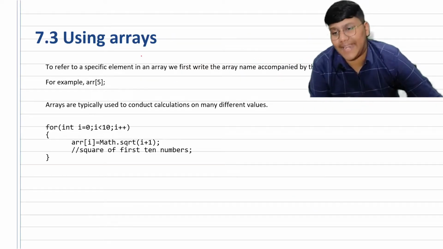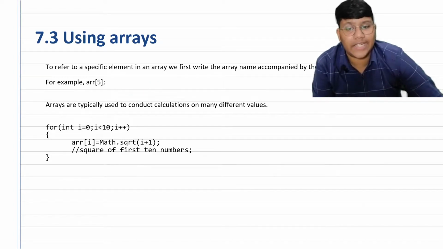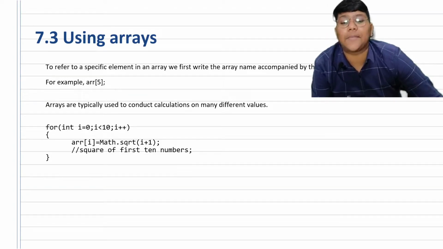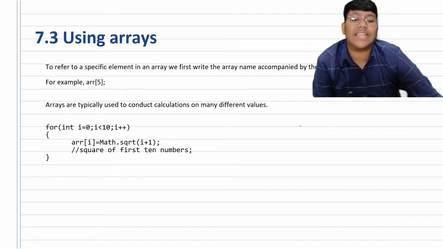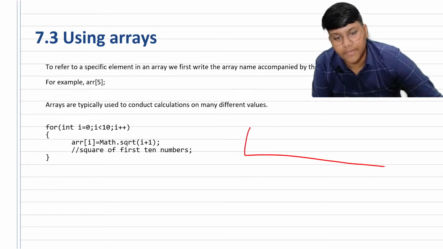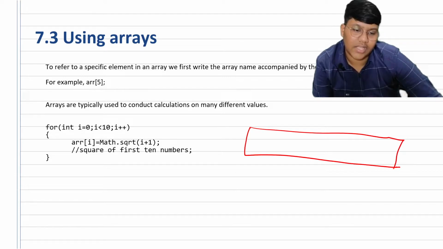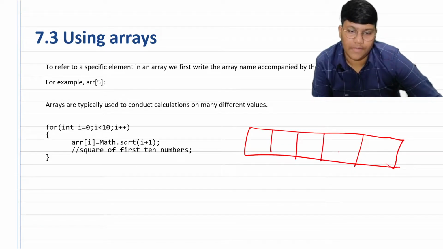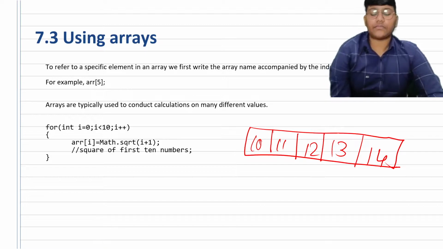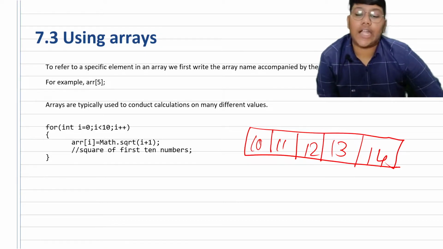Now to refer to a specific element in an array, we first write the array name accompanied by the index in square brackets. For example, AR has 5 places: 10 11 12 13 14. Index starts from the value 0.